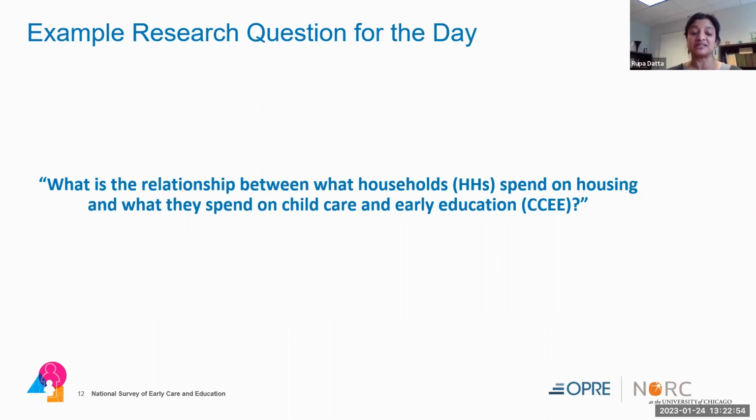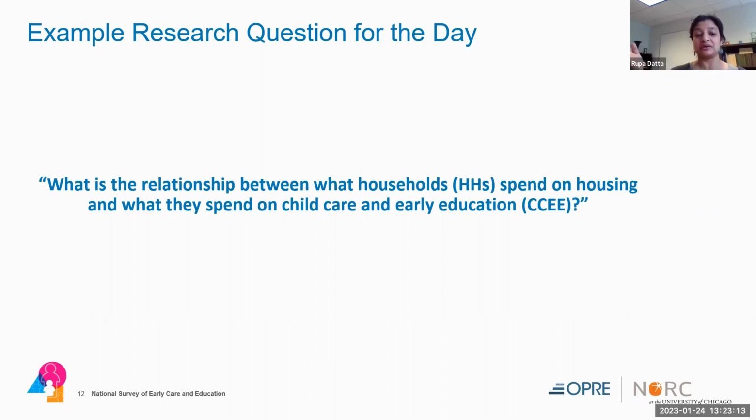So you can imagine this is a question that would be very relevant to the NSECE. The NSECE actually has quite good data on childcare expenditures, but very little on housing or housing expense.